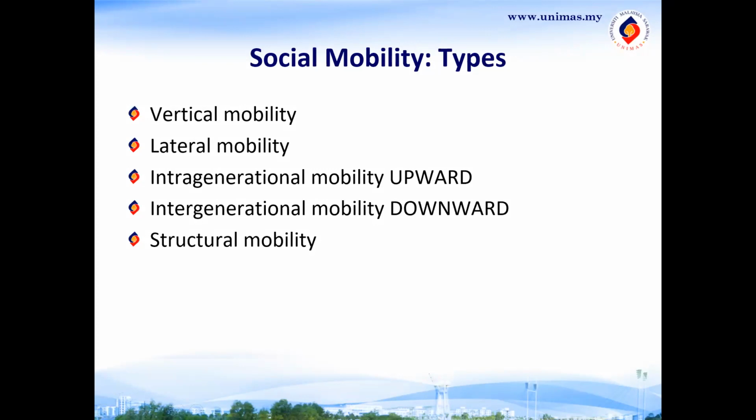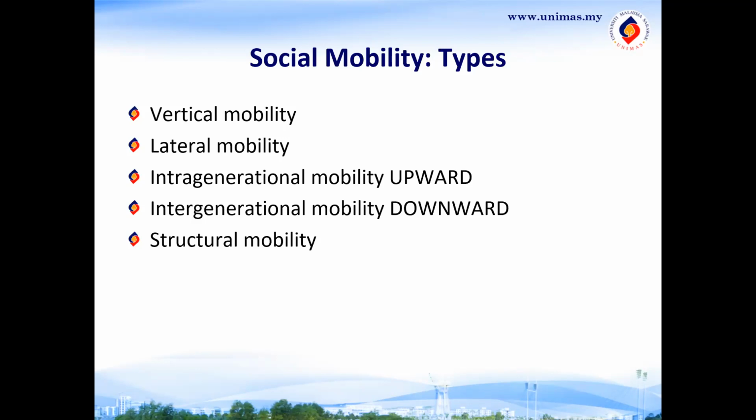So there are a few types of social mobility. Okay, the first one is known as vertical mobility. Vertical meaning up and down. And then the other type is known as lateral or horizontal mobility. And the third one is intragenerational mobility, I mean, mobility upward, but within the same generation.